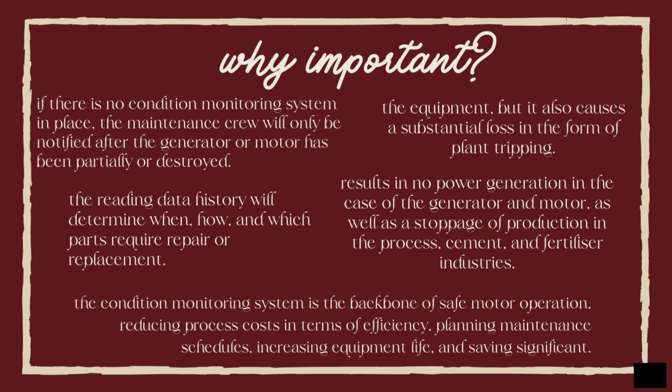With a condition monitoring system, we can analyze and find out which part of the motor has failed. If there is no condition monitoring system, it is difficult to identify the part which is destroyed inside a motor or a generator.